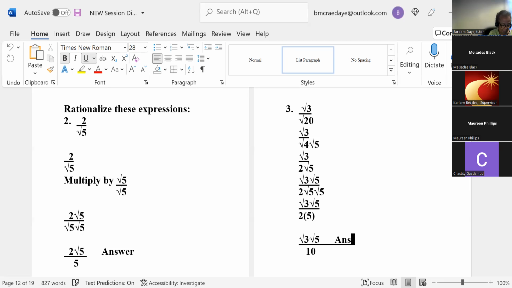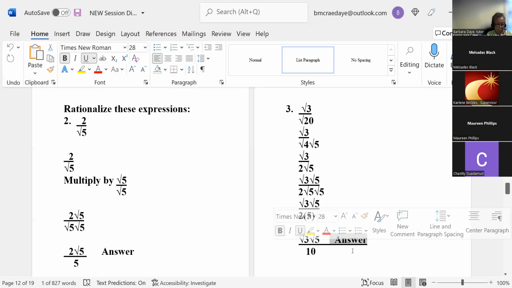Does the number 3 mean you should get 3 figures for the answer? No, your answer is the numerator over the denominator. But remember, the denominator is the one that you're trying to change from a radical to a rational number.